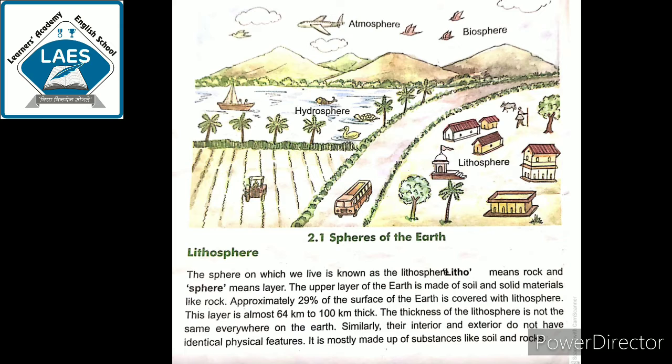Approximately 20% of the earth's surface is covered with the lithosphere. This layer is almost 64 kilometers to 100 kilometers thick. The thickness of this lithosphere is not the same everywhere on the earth.